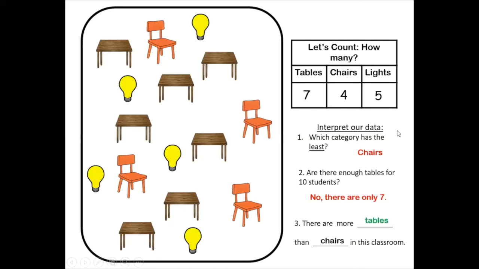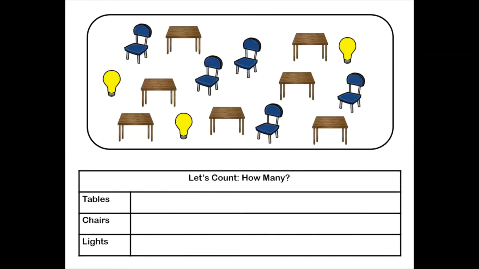On to the next classroom. Okay, let's count. How many? That is the title of our table. So the categories are tables, chairs, and lights. Let's count how many tables. Now this table is pretty long, which means that you can probably make a mark for each object you see.